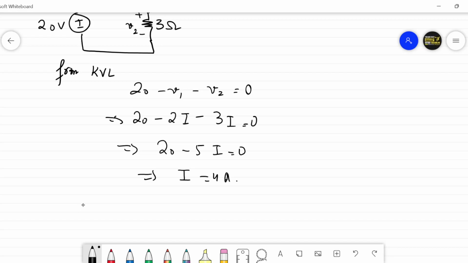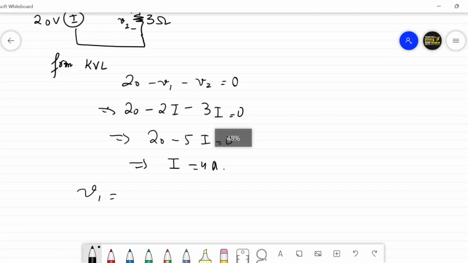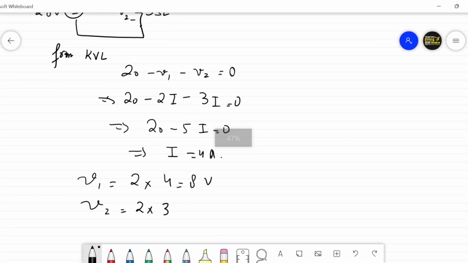If I is equal to 4 amperes, V1, the voltage across one resistance, will be equal to 2 into 4, that is 8 volts. V2 will be equal to 3 into 4, that is equal to 12 volts. Fine.